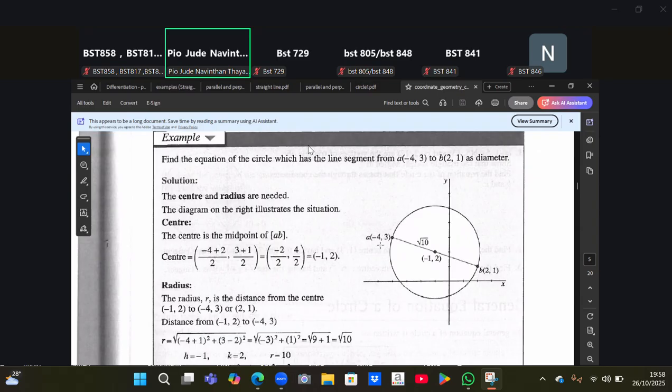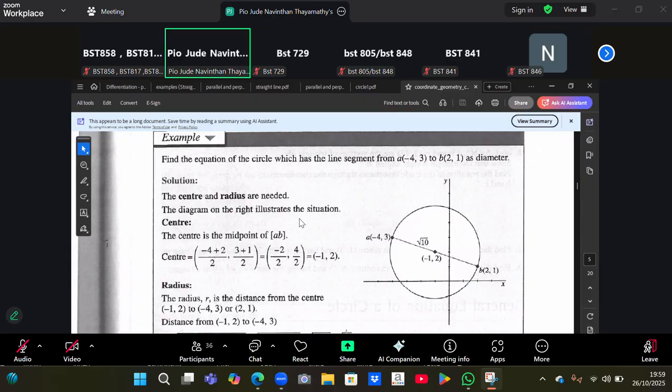X difference: minus 4 minus minus 1 is minus 3, squared is 9. Y difference: 3 minus 2 is 1, squared is 1. So root of 10 is the radius.